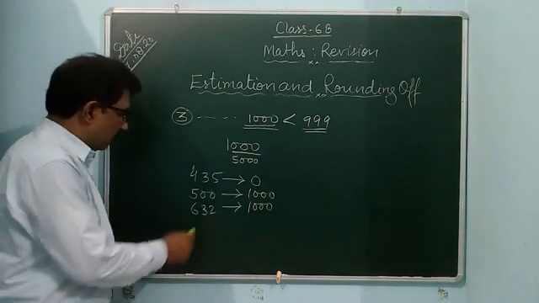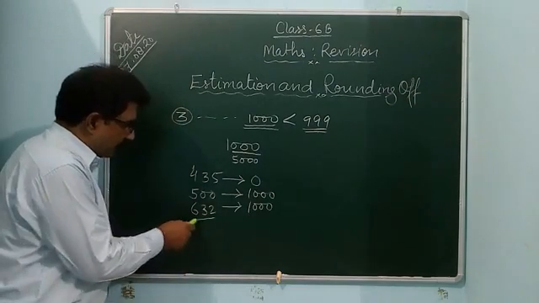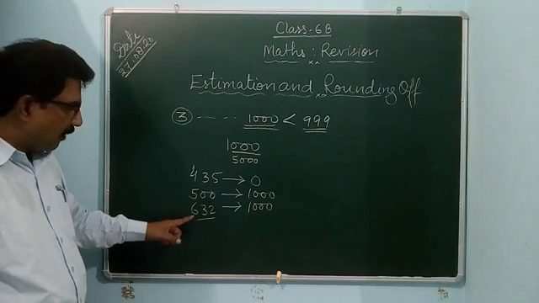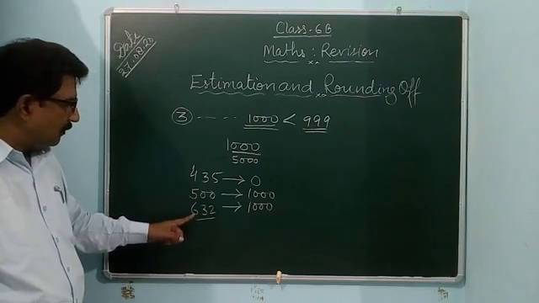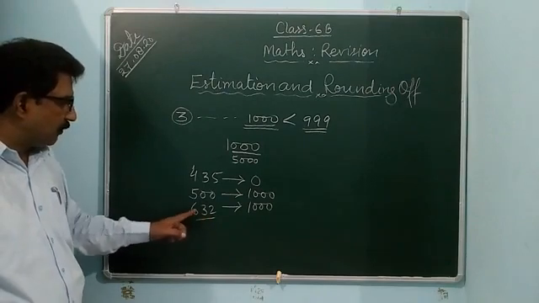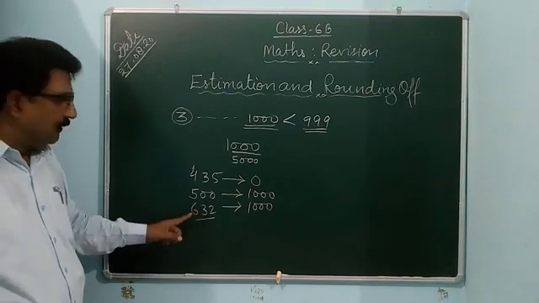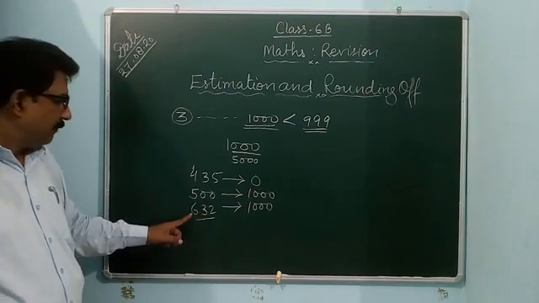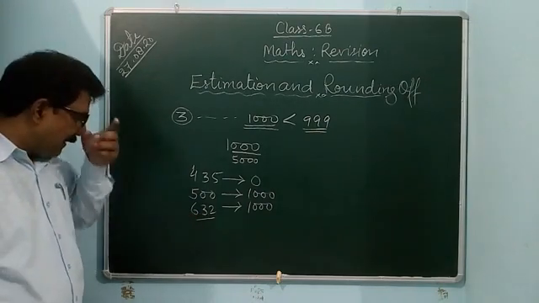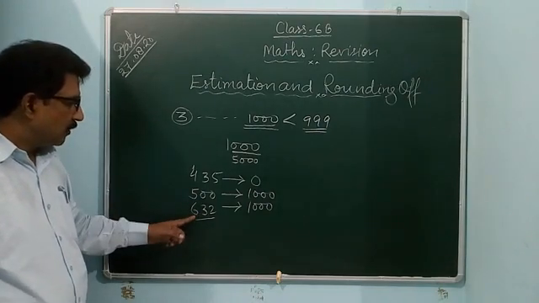How? See, this digit is in the hundreds place, and for 1000 this 6 is 5 or more than 5. 632 is 600 in place value. So it will be estimated taking 3 digits.